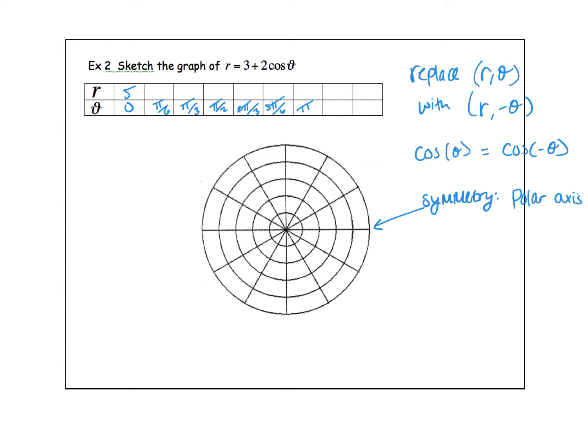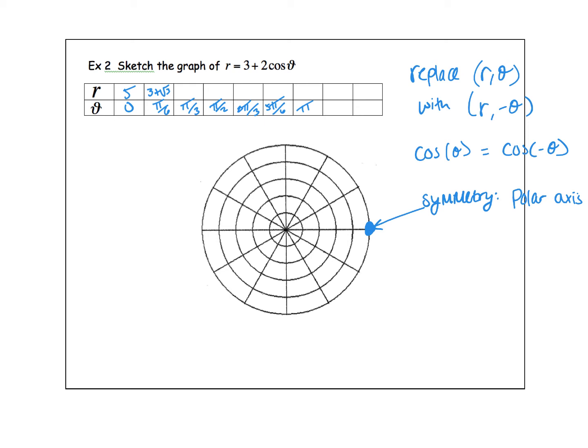Putting in pi over 6, we get root 3 over 2 times the 2, so we have root 3 plus the 3. Let me plot both of those points. So 0 and 5. 1, 2, 3, 4, 5.